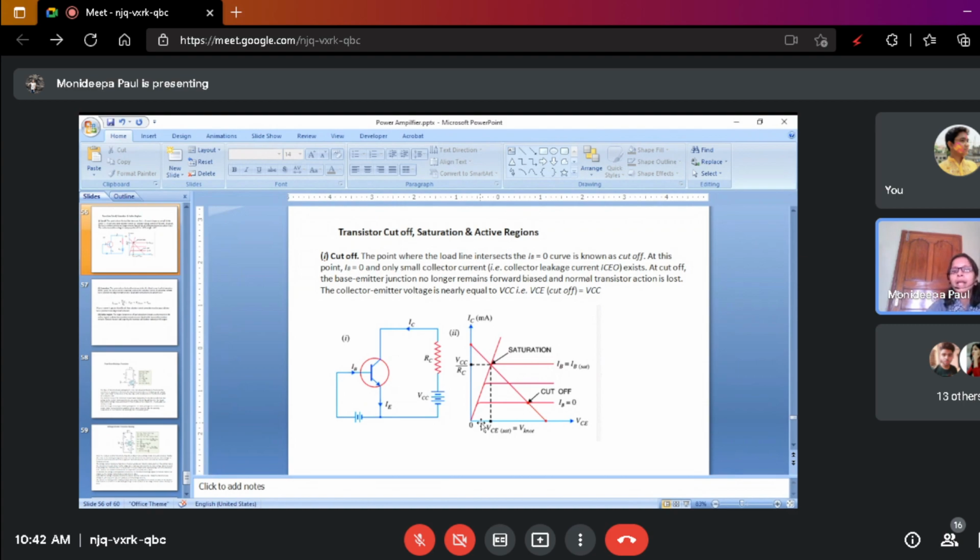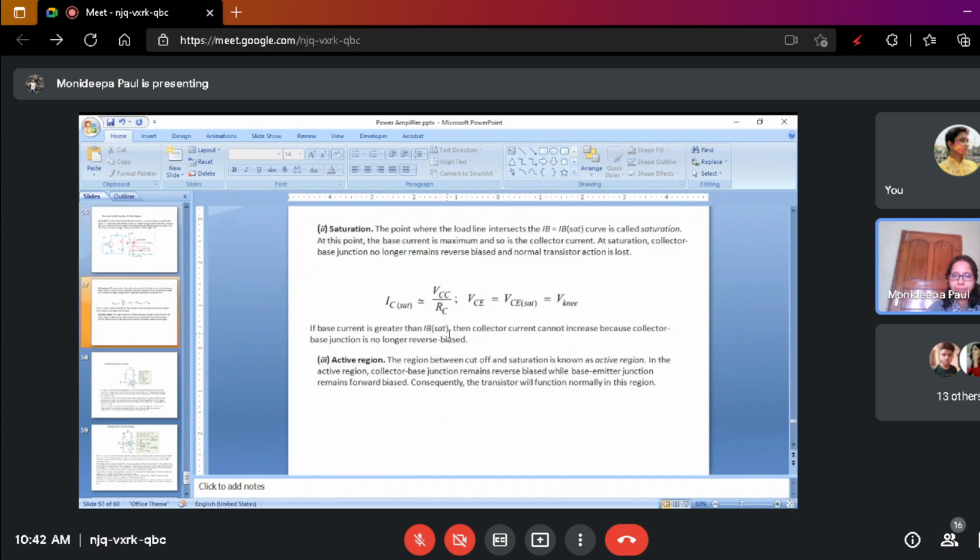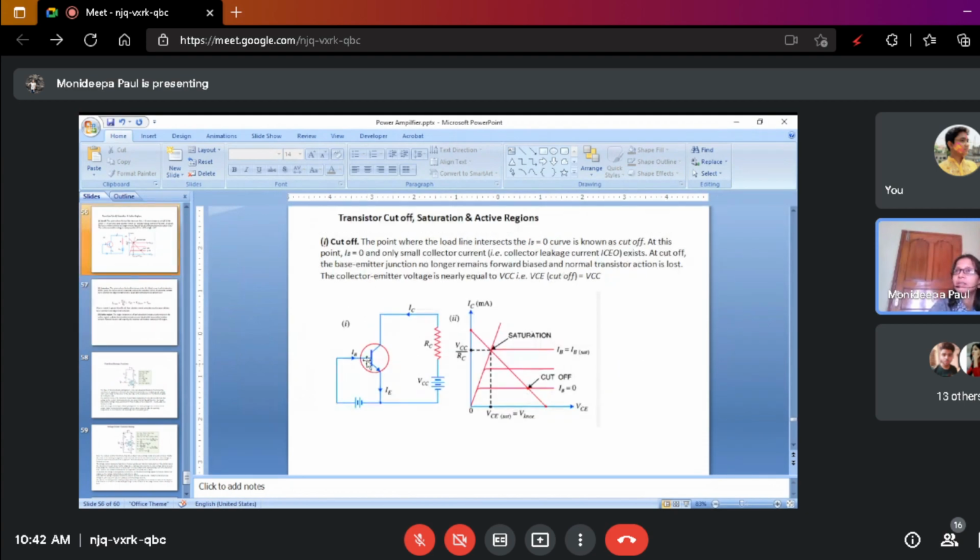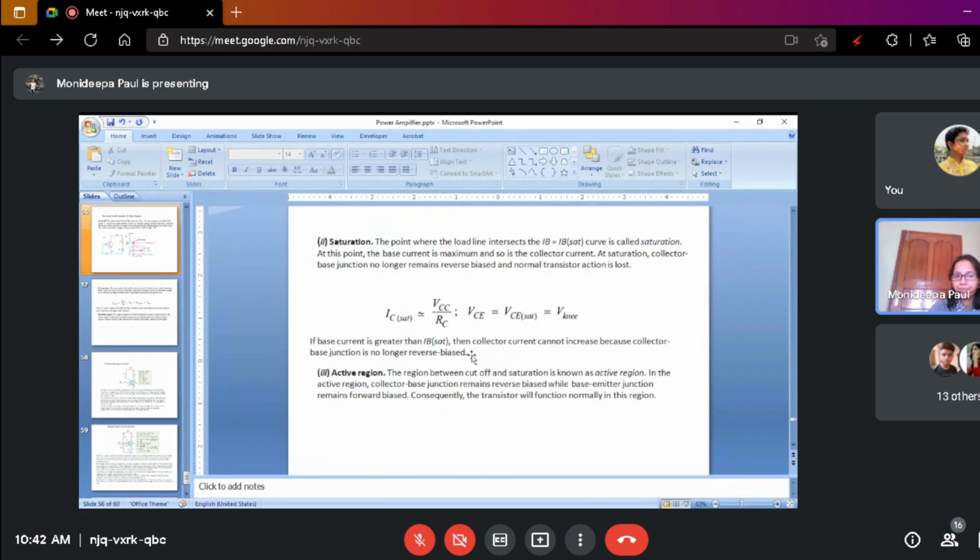Okay. Next, what is the saturation? The point where the load line intersects the IB equal to IB saturated curve is called saturation. At this point, the base current is maximum. That means base emitter circuit is forward bias. Forward bias means this can conduct.